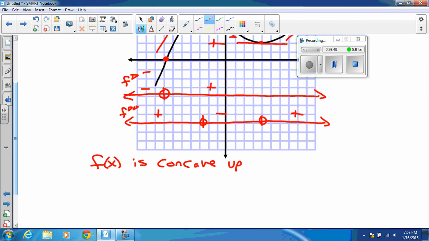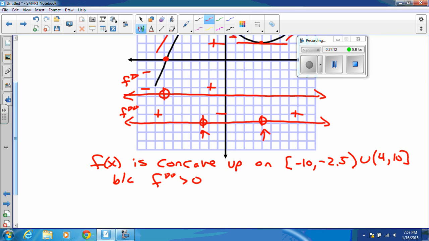How could we then use that to interpret the shape of f? We would say that f of x is concave up on what intervals? Well, on the interval -10 all the way up to -2.5, because f double prime is positive.